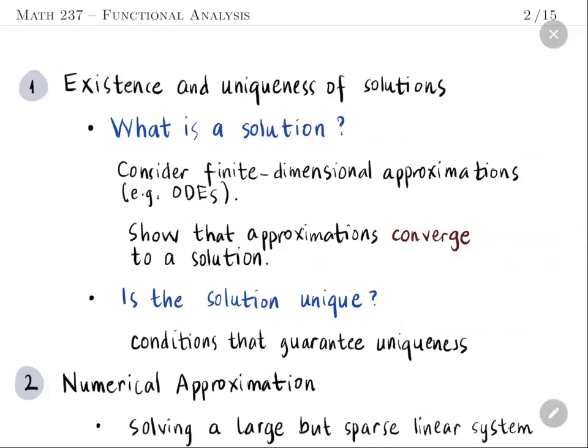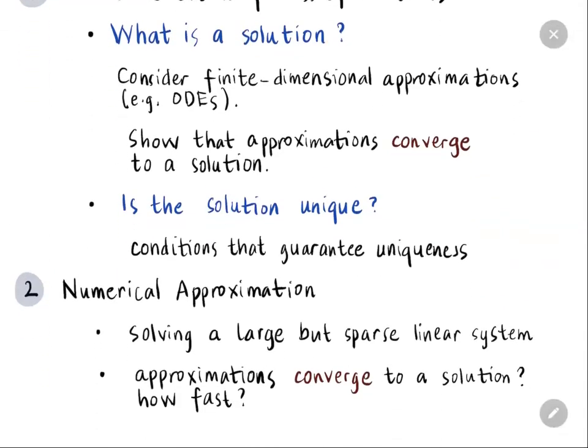The next aspect is numerical approximation. In the area of the finite element method or finite element analysis, this leads to solving a large but sparse linear system.